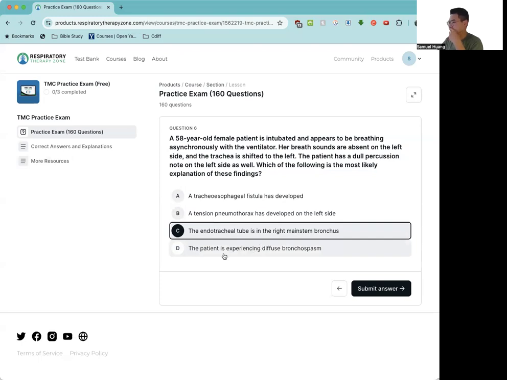With diffuse bronchospasm, you wouldn't hear an absent left lung sound, right? So just going back over the choices: dull percussion note, tracheal shift. It could mean atelectasis too, because those airways are not getting adequately ventilated and perfused.